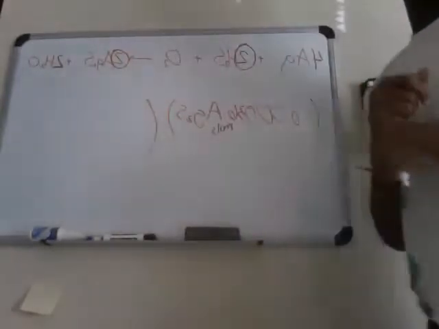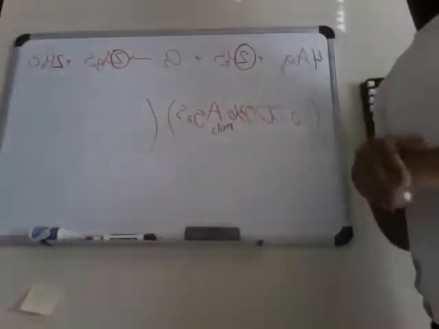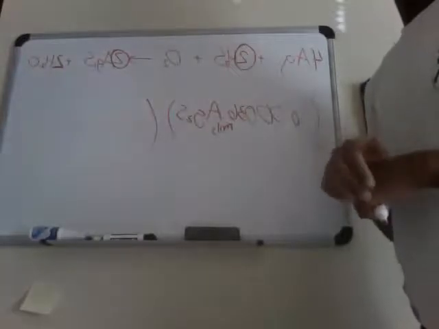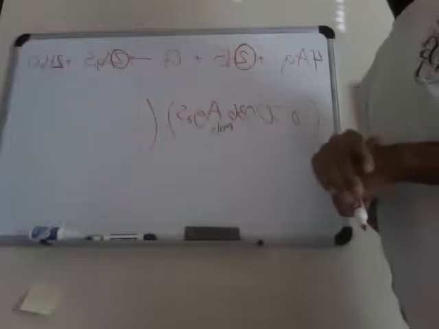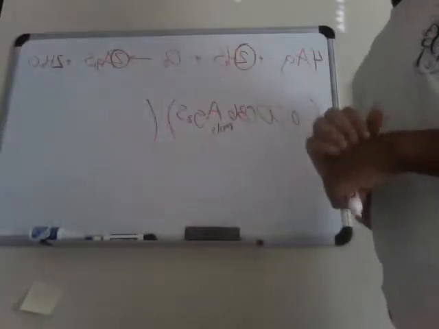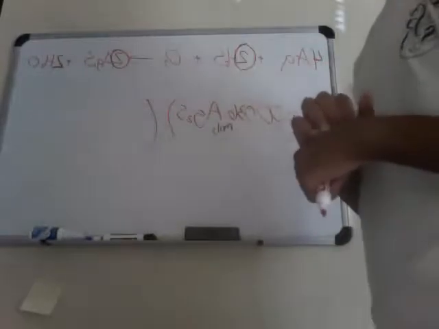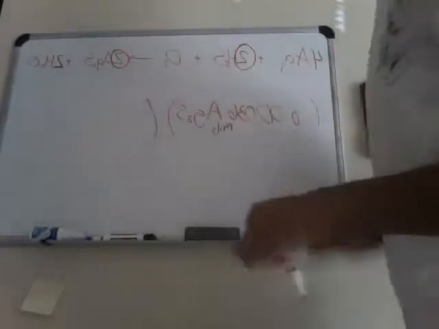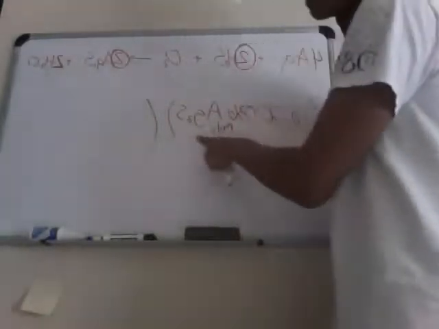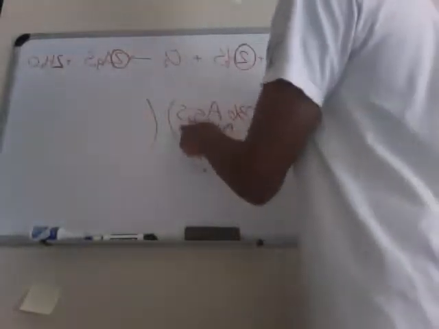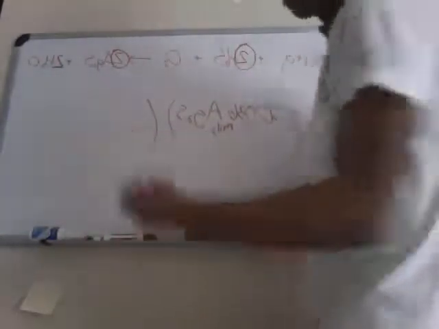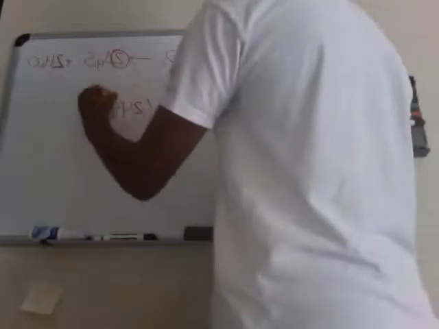Silver, I don't know, I think silver is like 108 grams, and so 108 times 2 is 216, plus the 32 from sulfur is 248. I'll check this later. The numbers aren't what's important right now.